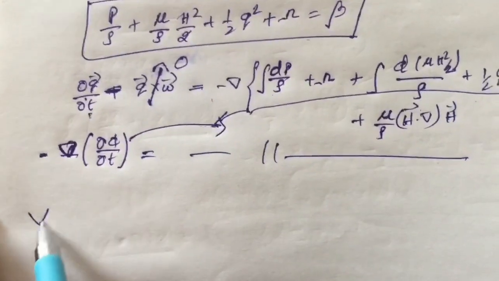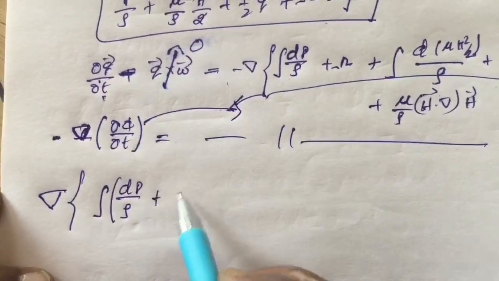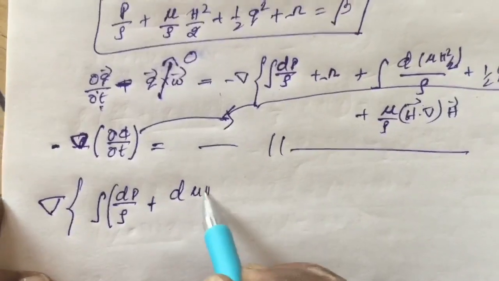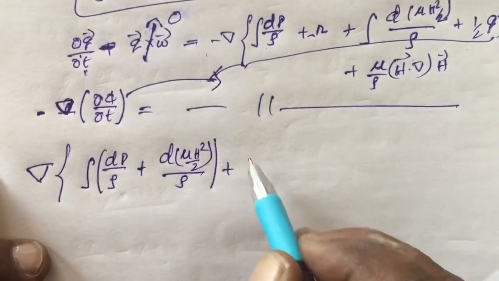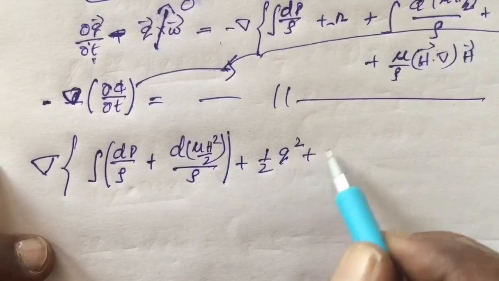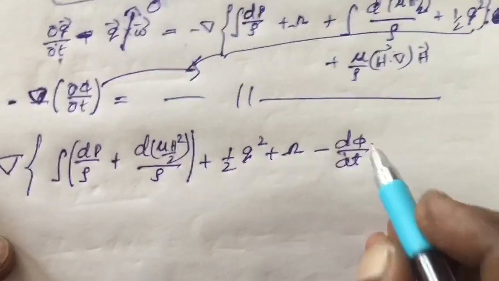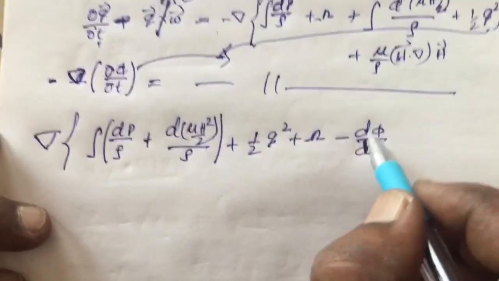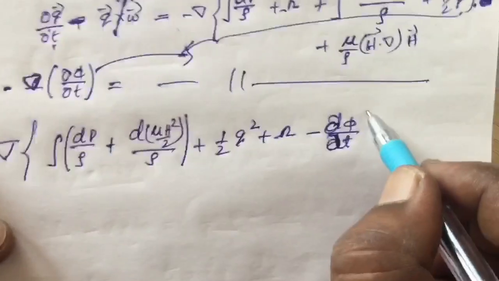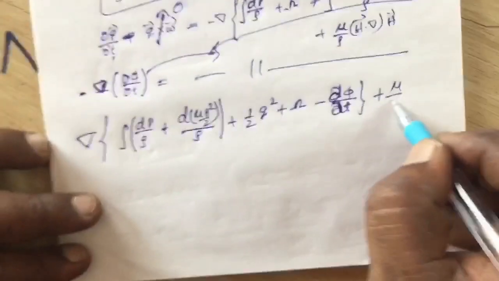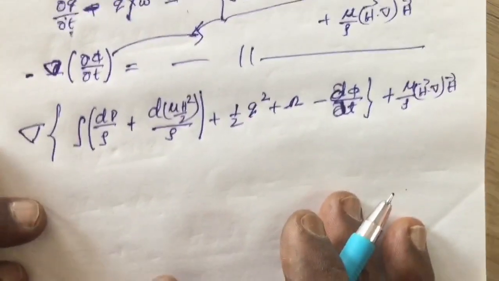That's why gradient of integral dp by rho plus derivative of mu h square divided by 2 whole divided by rho, this is the integral, plus 1 by 2 q square plus omega minus del phi by del t, and the remaining term plus mu by rho into h dot del of h.